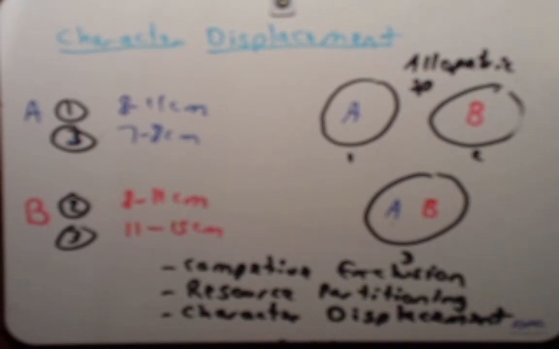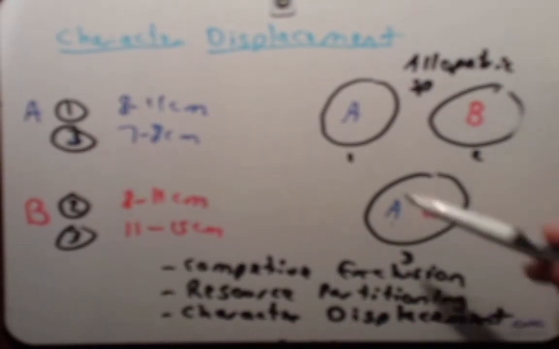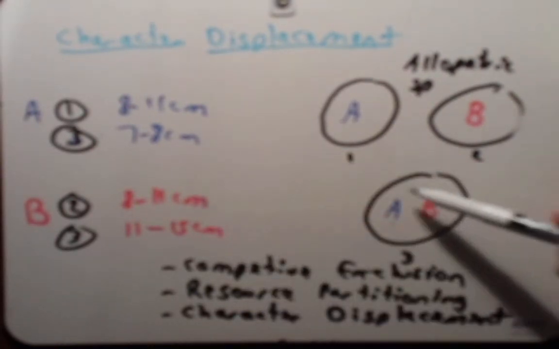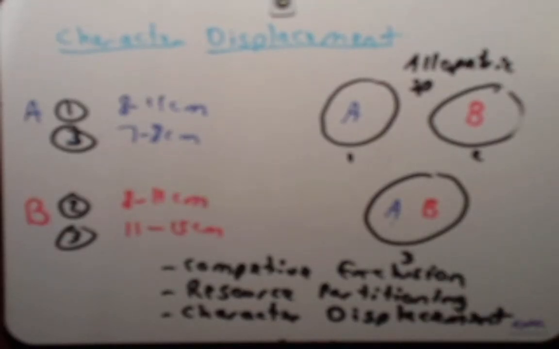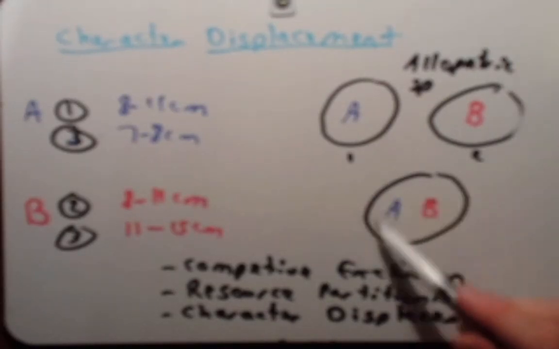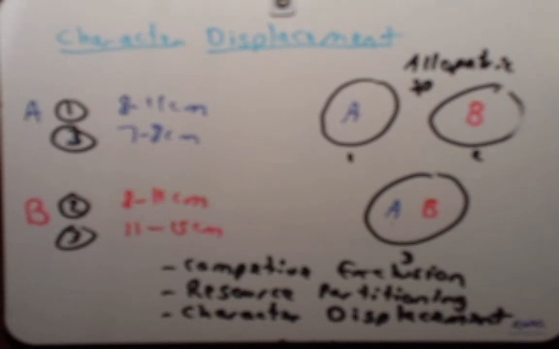So they partition this common resource so that they can each use it and each survive. They do this resource partitioning by displacing their characteristics, so character displacement. They adapted by having different sized beaks so that they could both operate in the same area and use different resources to work in different ecological niches.